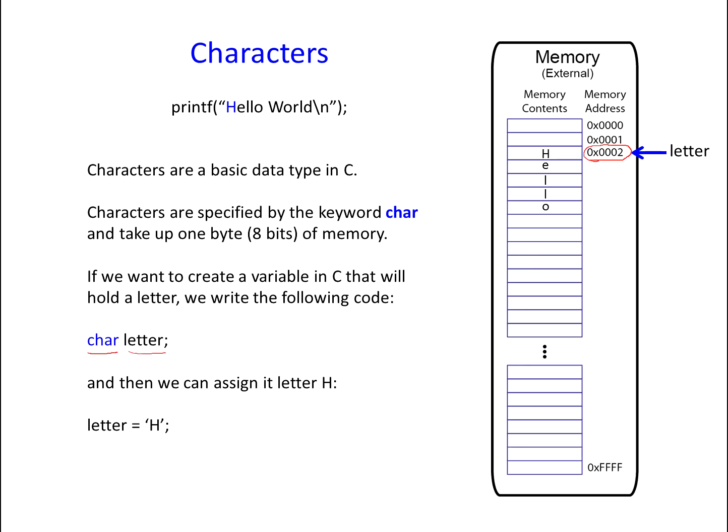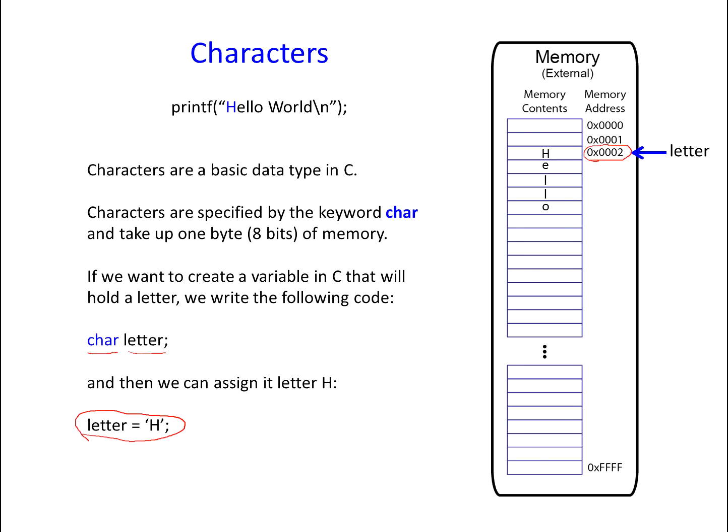So this is what the compiler and linker would do. It would say, oh, we need a spot in memory for storing a letter, which we are going to call this mailbox in a sense, letter. Now it can store any kind of letter, and so later in our code we will actually assign it to be a particular value.